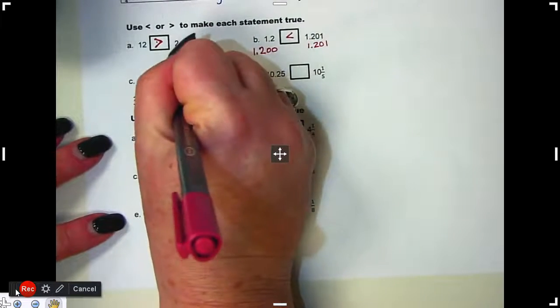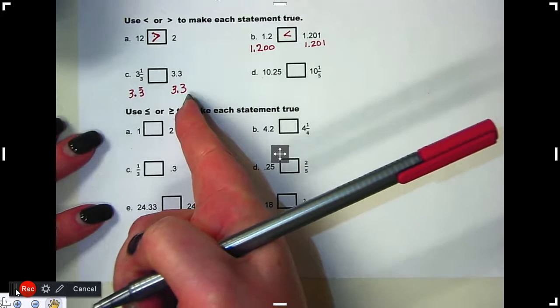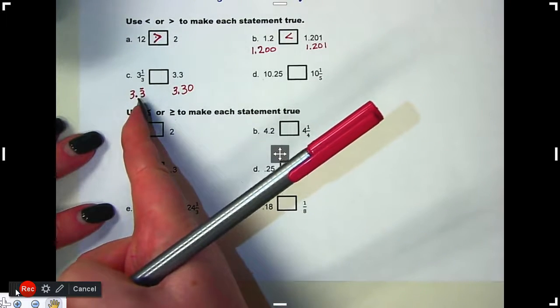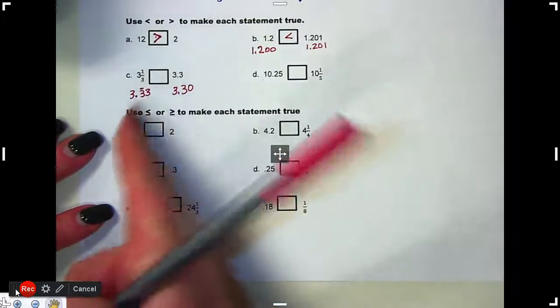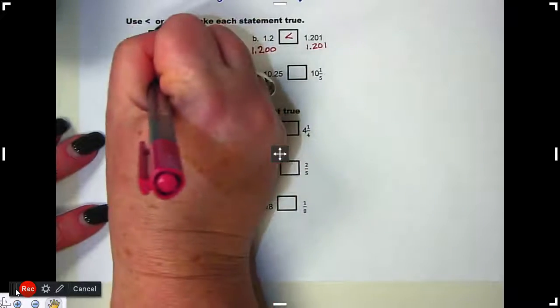Now this one's kind of tricky. What's the next number in this one? A 0. What's the next number in this one if that 3 repeats? 3. So although they look the same, are they the same? No, not when you look at the hundredths place. So this one is greater than.